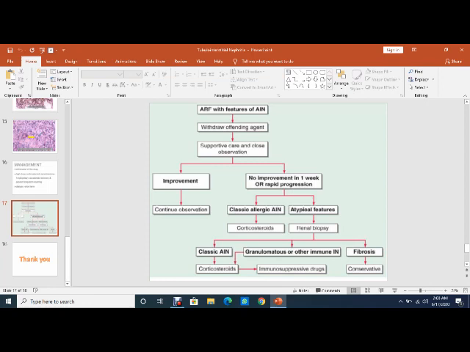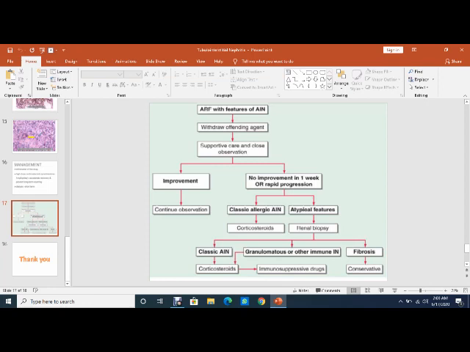If improvement takes place, continue the observation. If there is no improvement in 1 week or rapid progression, we must think of classic allergic AIN, so steroid is recommended. If there are atypical features, then renal biopsy is the gold standard to diagnose the various problems.